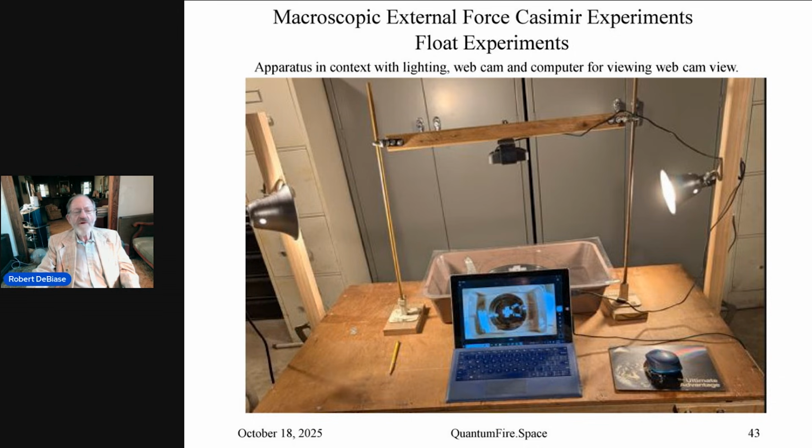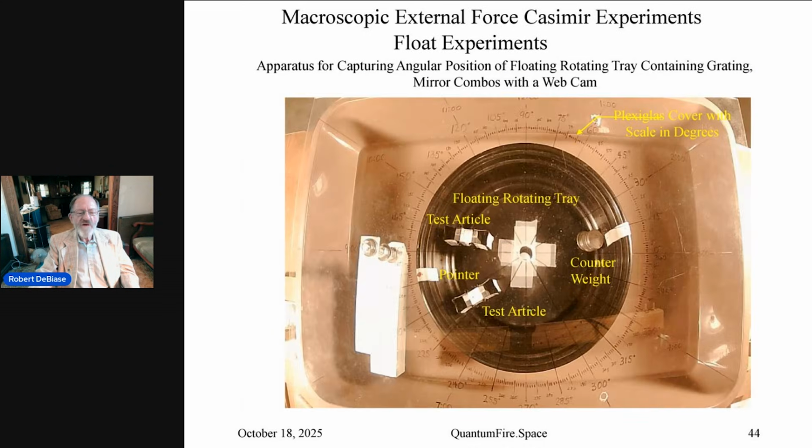All right, now we get on to the float experiments. I think they're actually more interesting than the weight experiments. And this is my setup in the basement. It consists of a kitty litter box. I have a clear plexiglass top, and I show the various parts.